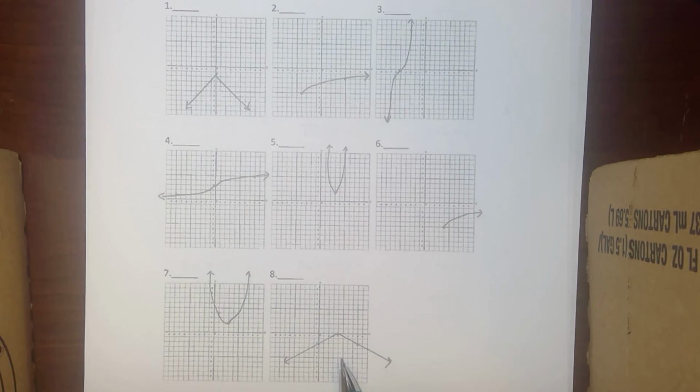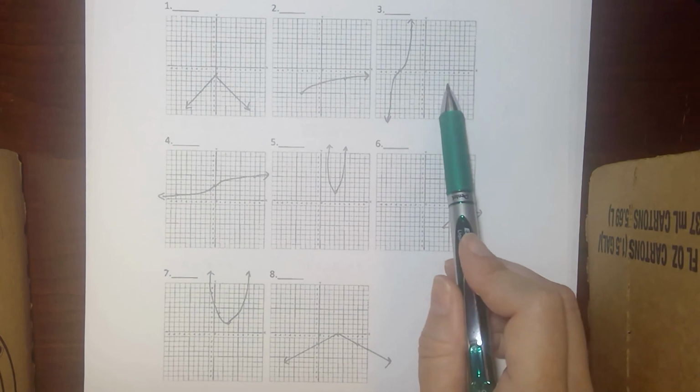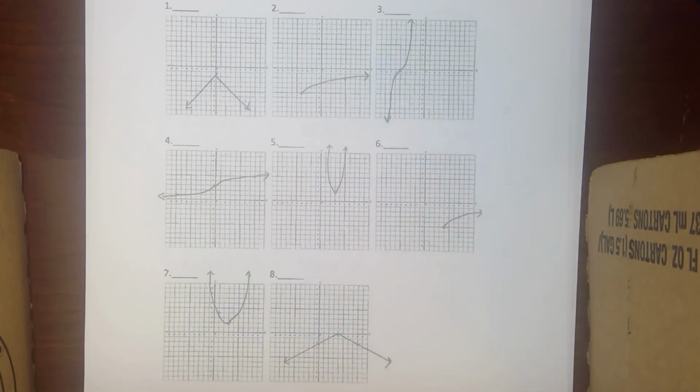Those are V's. I have 2 parabolas that are both facing up. One is wider, one is skinnier. I have 2 square root functions shifted in different directions. I have a cube root function and I have a cubic function. So no matter where I start, I can start narrowing things down based on function type.